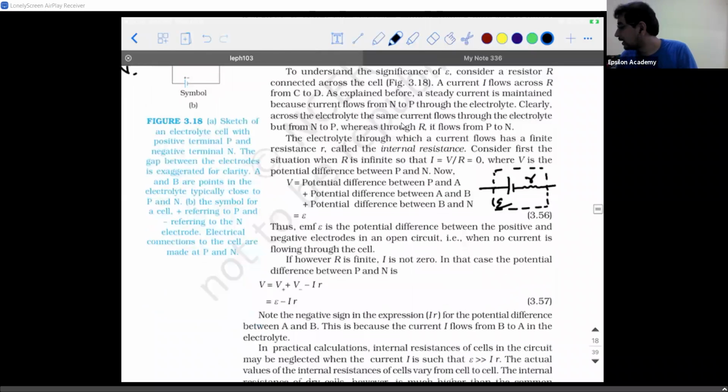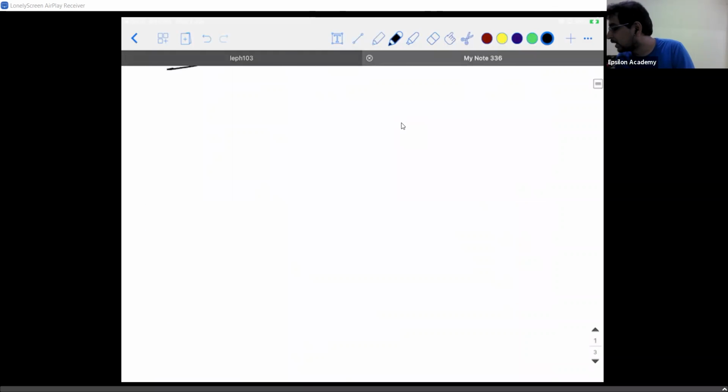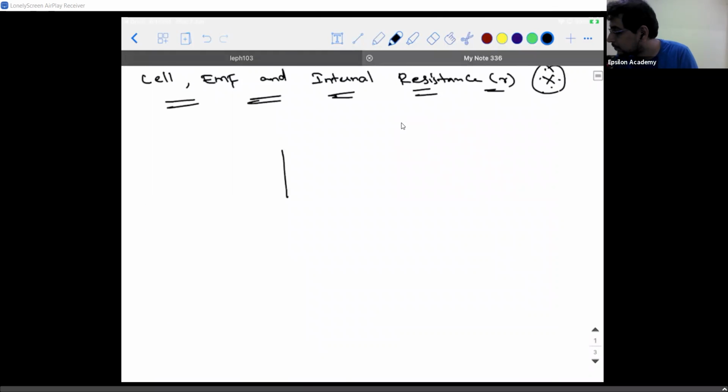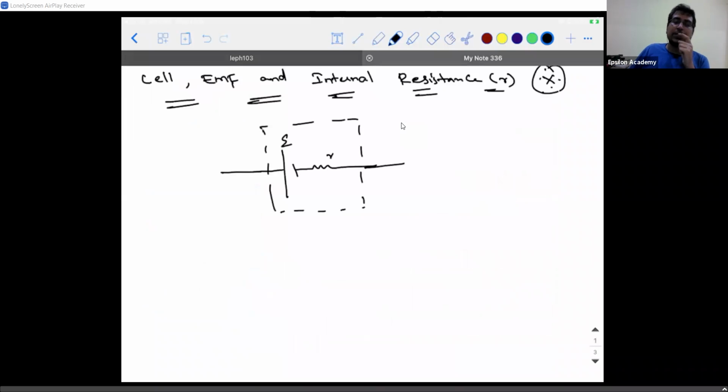For that, let's take a simple diagram like this. EMF, internal resistance. Guys, listen to this. This is a cell with some internal resistance. Now this is in which condition, closed or open?